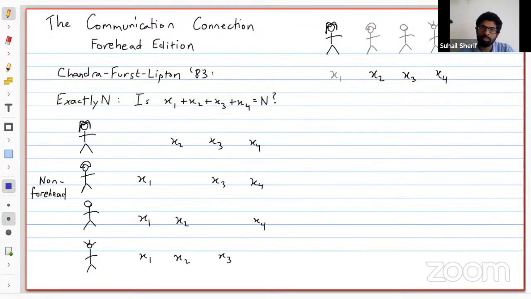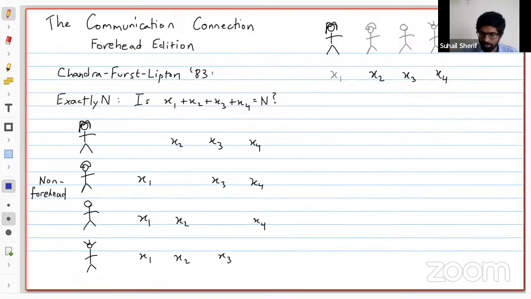Even though it's a different model, you can think of it as a normal communication problem where you see only your own input and not others' inputs. It's just that you have to change it so that your input is now everything that you see. You're just defining it this way. So player 1 sees x2, x3, x4, and the other players see correspondingly what they see.